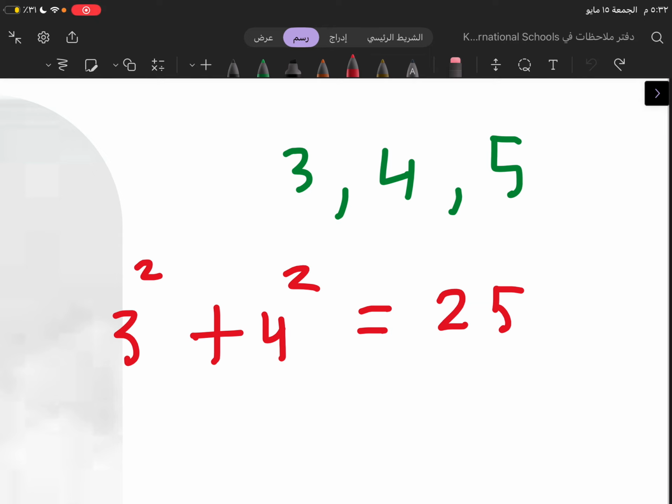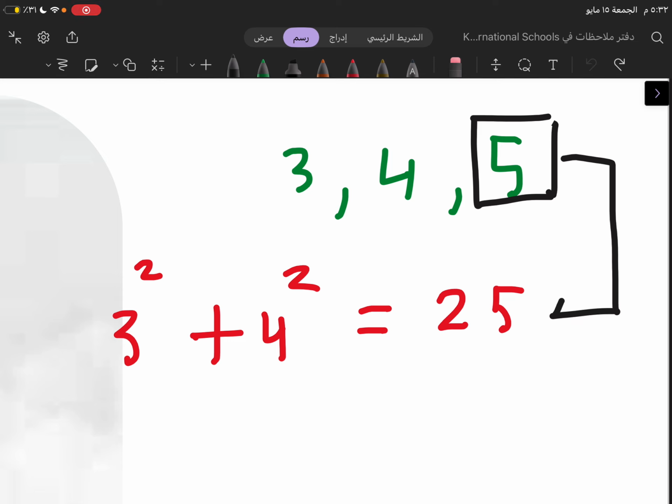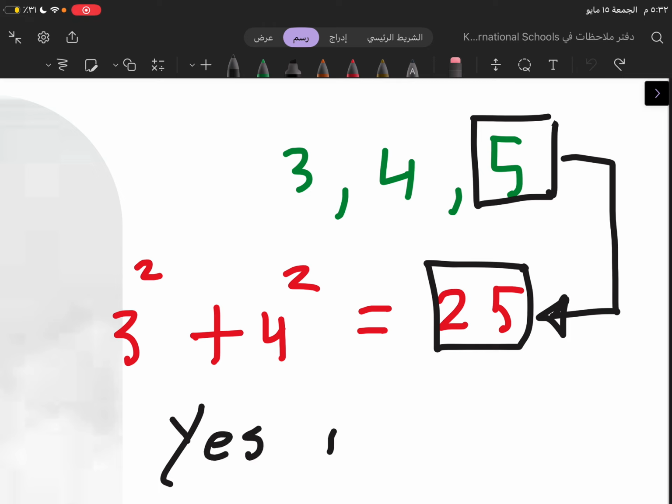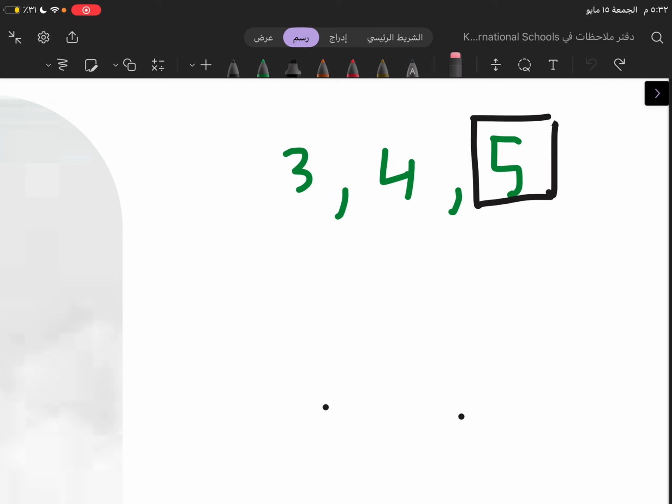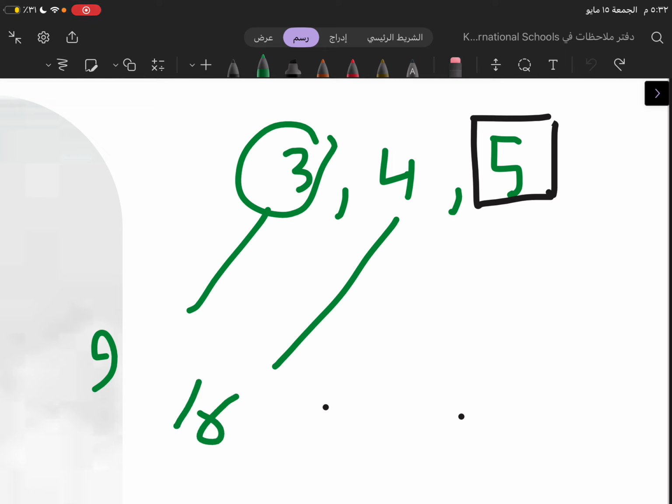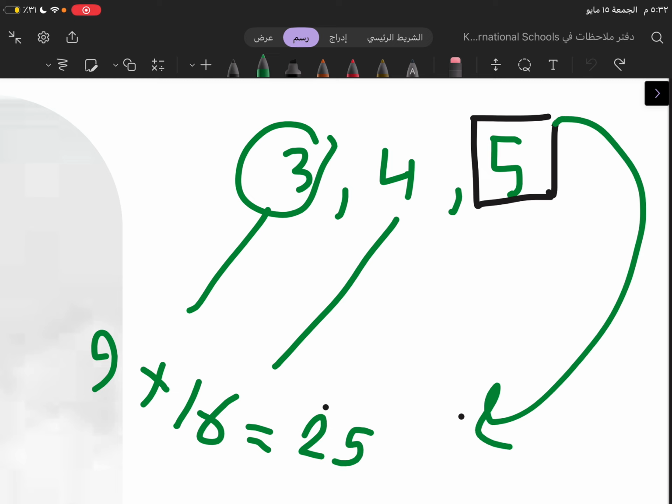Then go to the biggest number, which is 5, and square it, and you will find it is 25. Because of that, you answer yes, it is a right angle triangle. Again, go to the smallest number, square the first, square the second, add them, you will get 25. Square the third number. If it is the same, it is a right angle triangle.